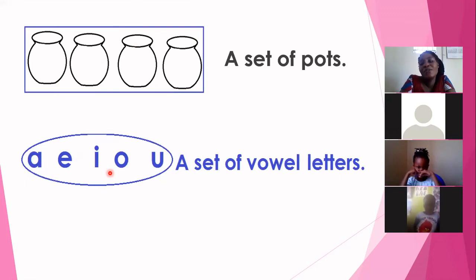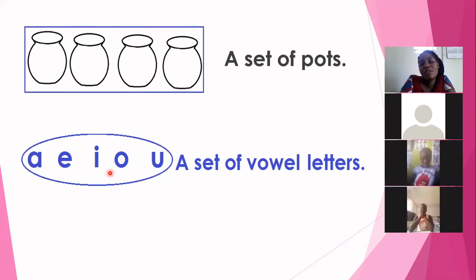Yes, we got another example, my pupils. We have our set, this one. Now, inside the elements or members are pots. Yes, my pupils. So if they are pots, we are going to name our set as a set of pots.